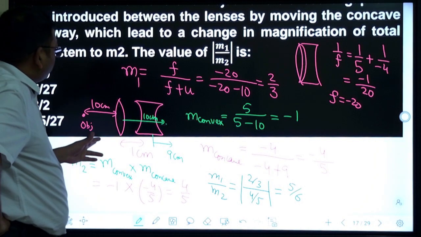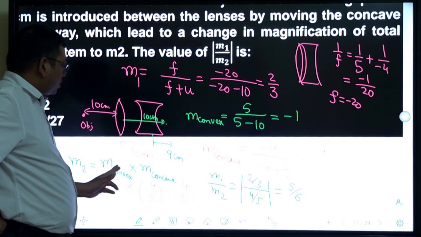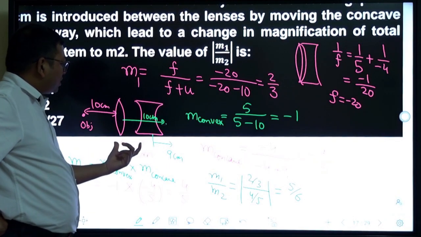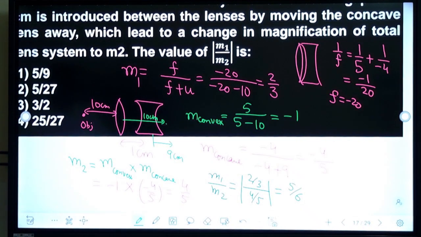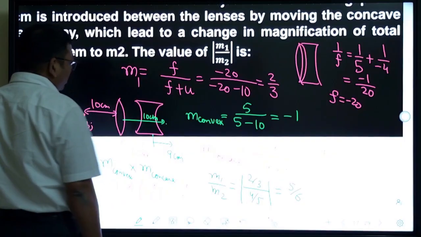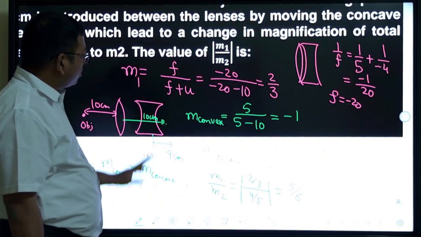In this case, what we know is that this is forming at 10 centimeters and this is forming here, a 1 centimeter gap is there, so 9 centimeters. Right? 9 centimeters it is. So the image distance will be 9 centimeters. This is the image distance which is going to act as an object.